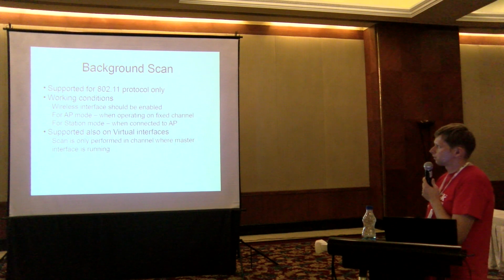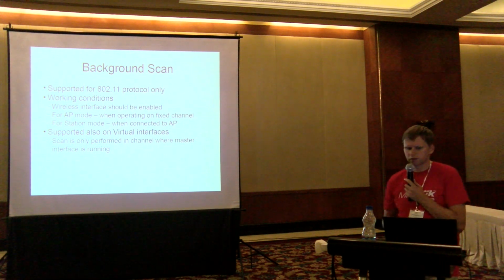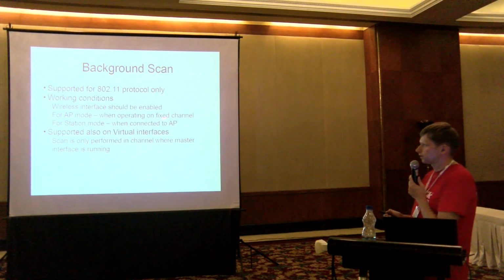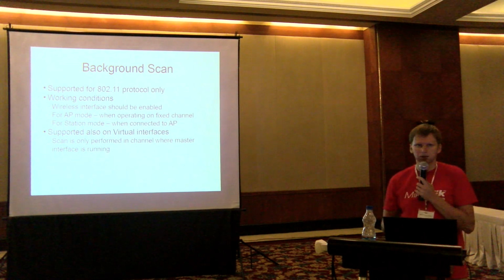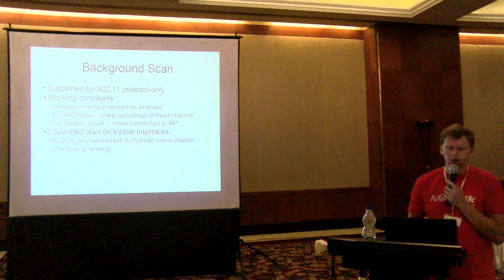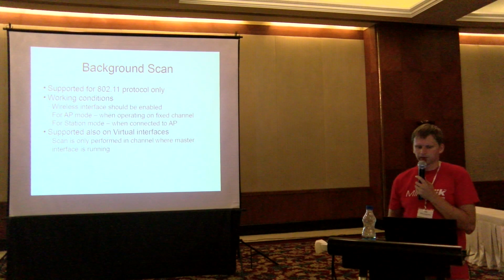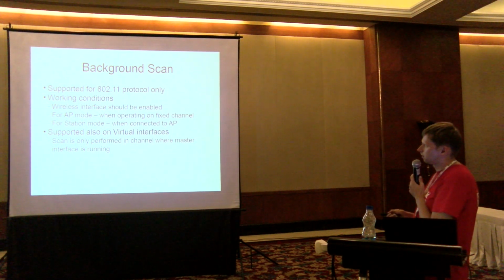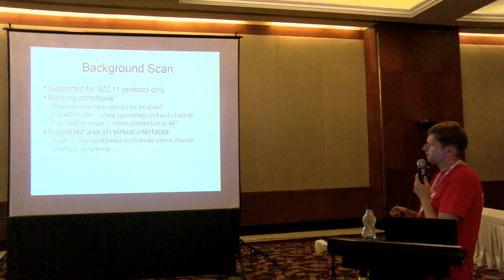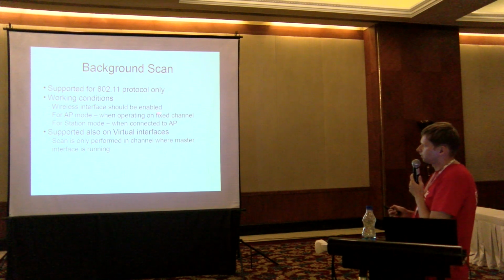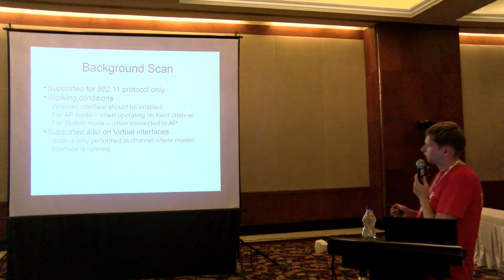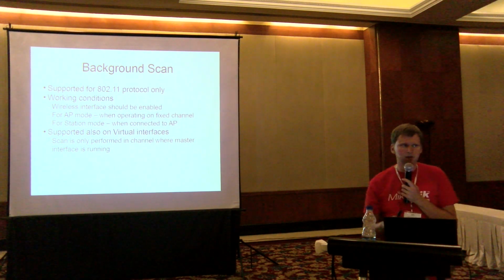But there are some conditions that apply. The wireless interface should be enabled. If it's not enabled, you need to use active scan, not background scan. Then, if you want to run background scan on an AP, the background scan will be done only on the fixed channel that the AP has selected.